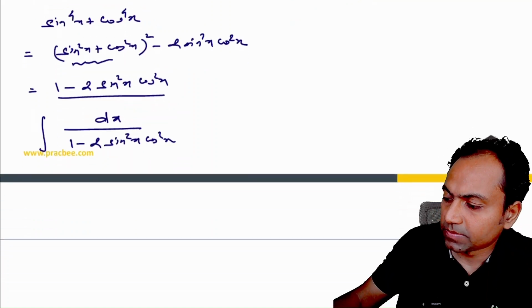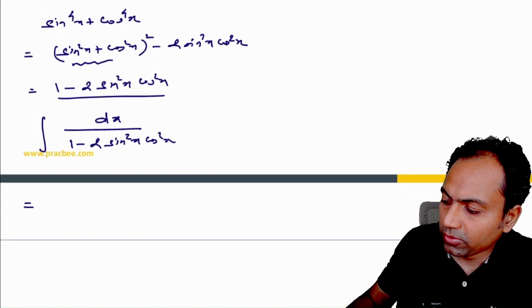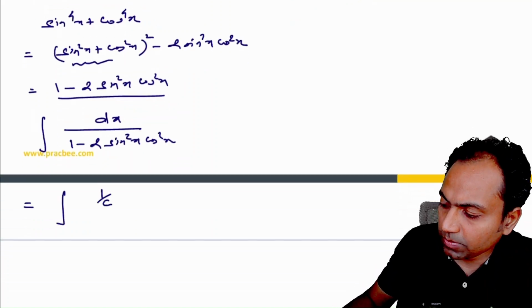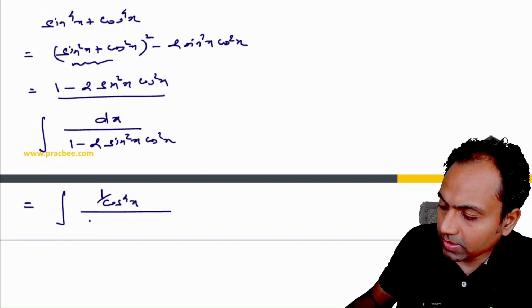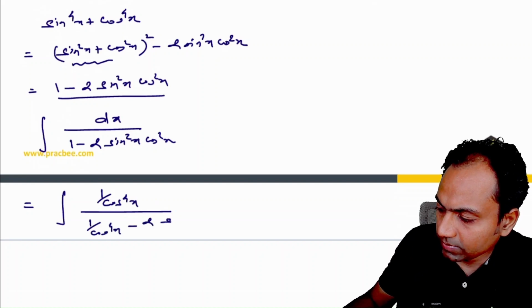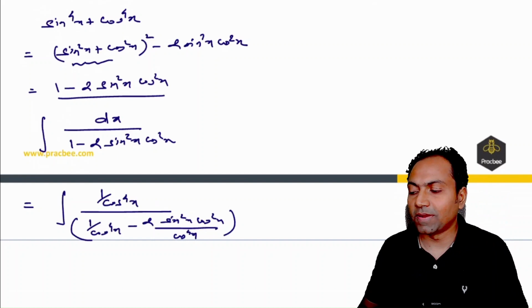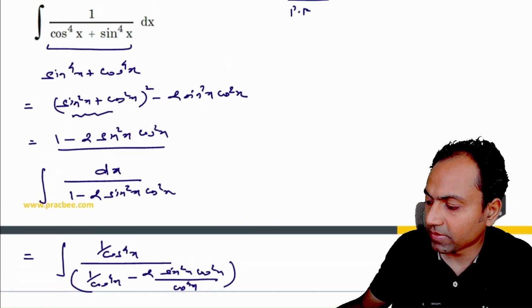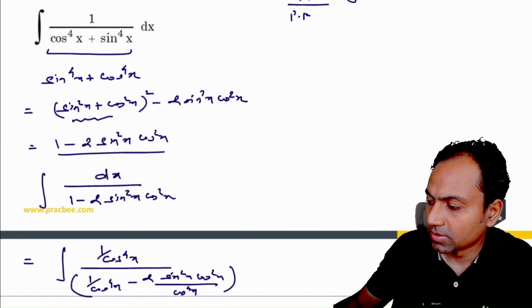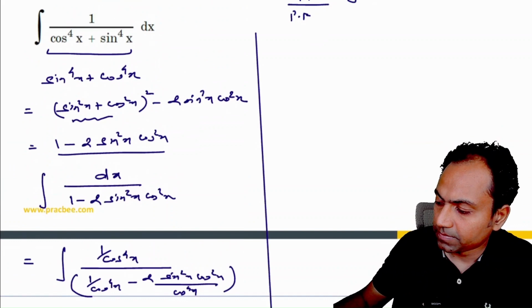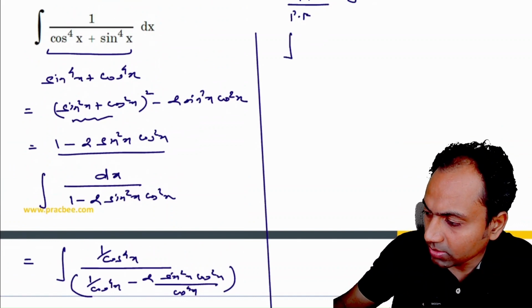cos square x. And now we can divide numerator and denominator by cos raised to the power 4x. So this will become 1 by cos raised to the power 4x. And this will become sine square x cos square x by cos raised to the power 4x. And once we have done that, something very significant comes out of whole of these. If you carefully observe, we have got a sec square x here.